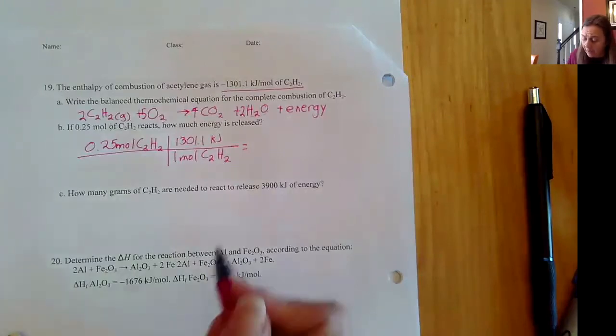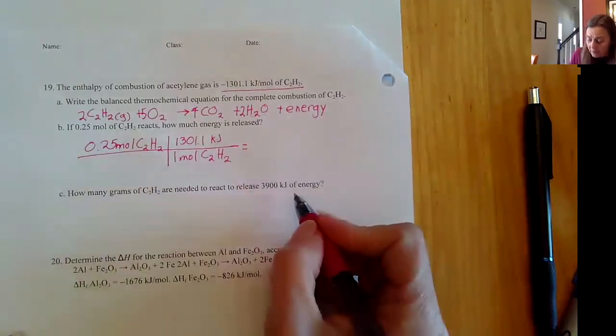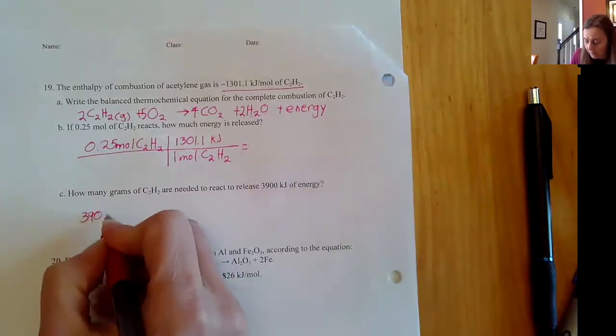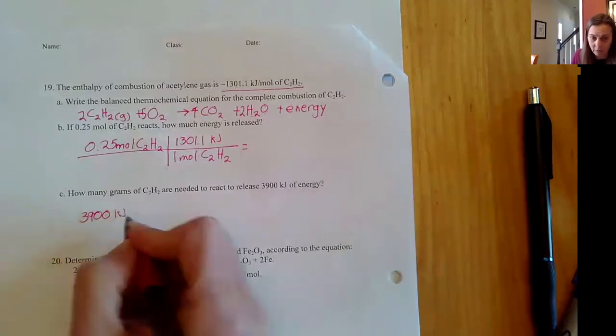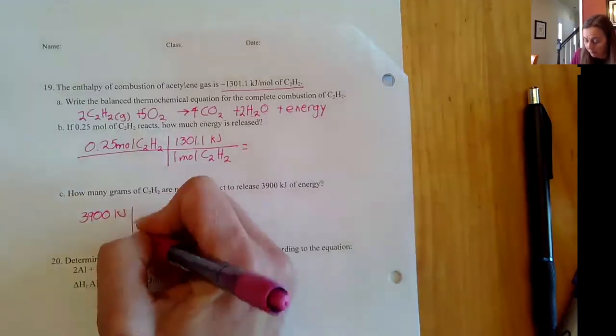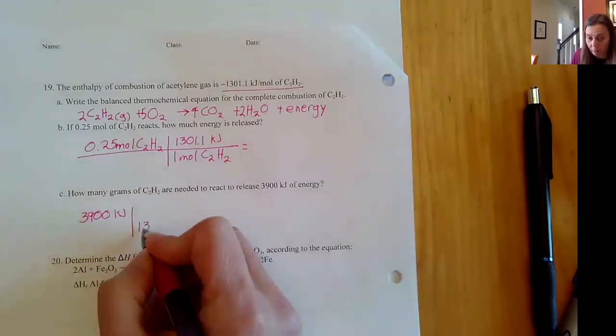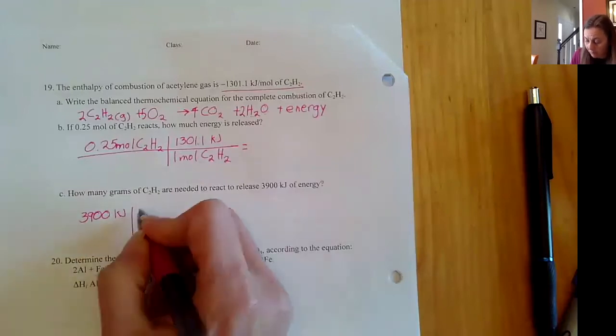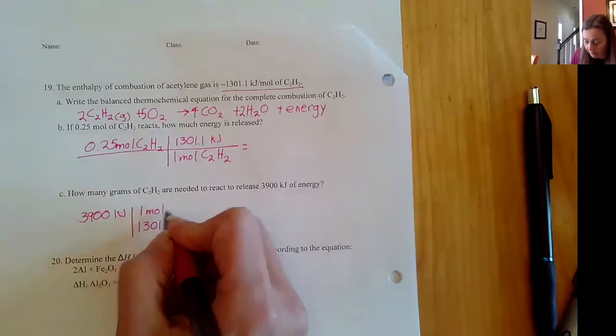Now, in terms of C, 3,900 kilojoules of energy, I'm going to recognize that for every 1,301.1 kilojoules of energy, I have 1 mole of acetylene gas.